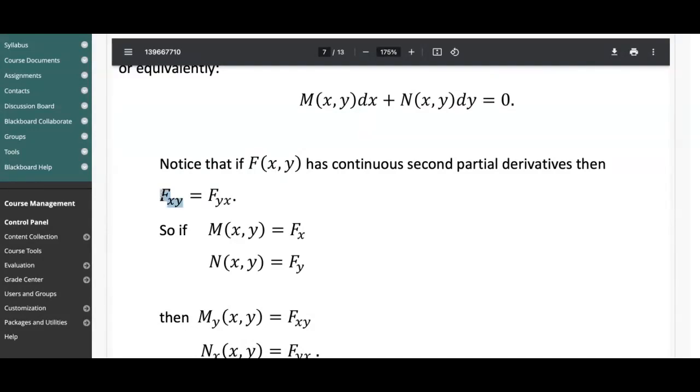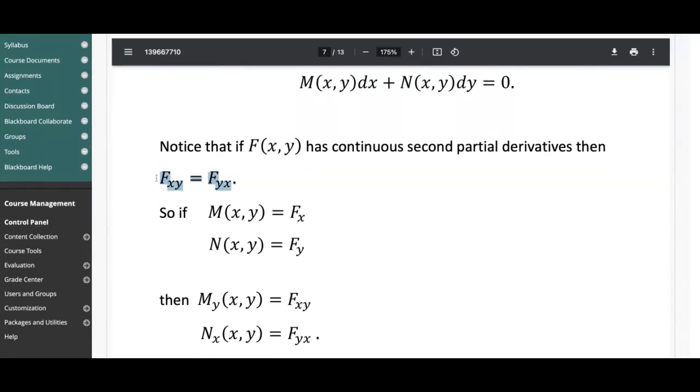Which means partial squared f, partial x, partial y is the same as partial squared f, partial y, partial x. The mixed partials have to be the same. And we use this property to find the potential function f with the given M and the given N.